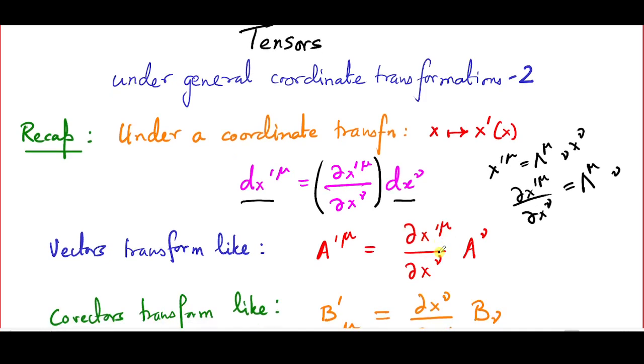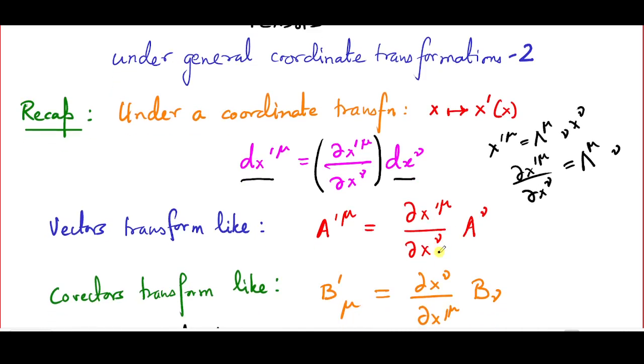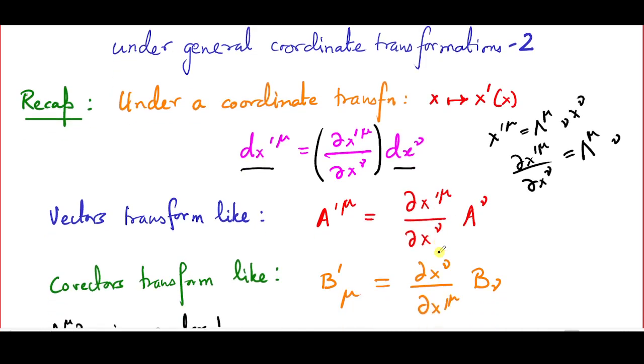On the other hand, covectors are another kind of d-component objects which are written with a lower index, b prime lower mu, and the transformation rule is again a linear combination of the older components b nu's, but now the coefficients are given by del x nu by del x prime mu, derivatives of the old coordinates with respect to the newer ones.